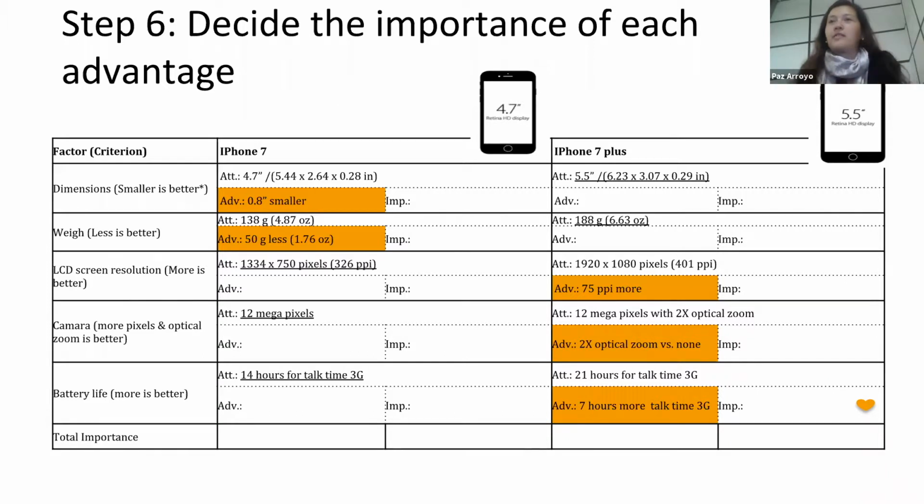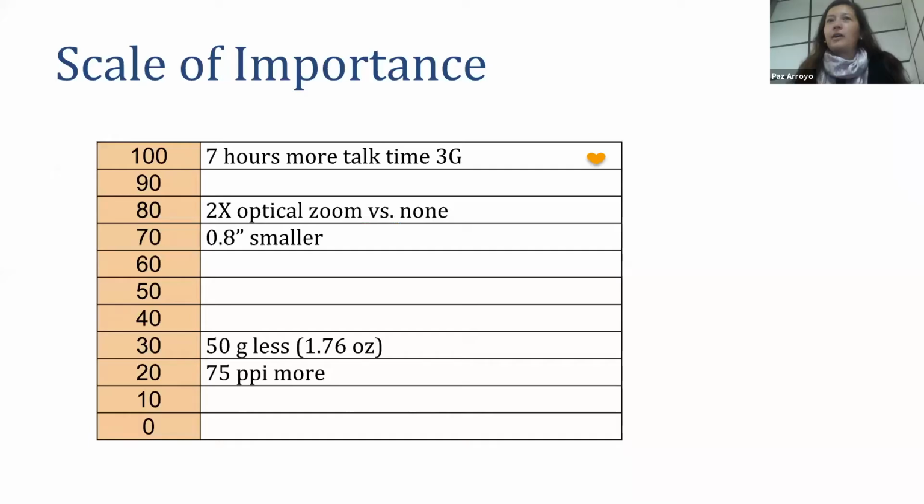So large advantages should have a large importance. If you go to the next one, then what I started to do is, if 7 hours more talking time is my paramount advantage, I'm going to assign 100 points to that. It's not mathematical.